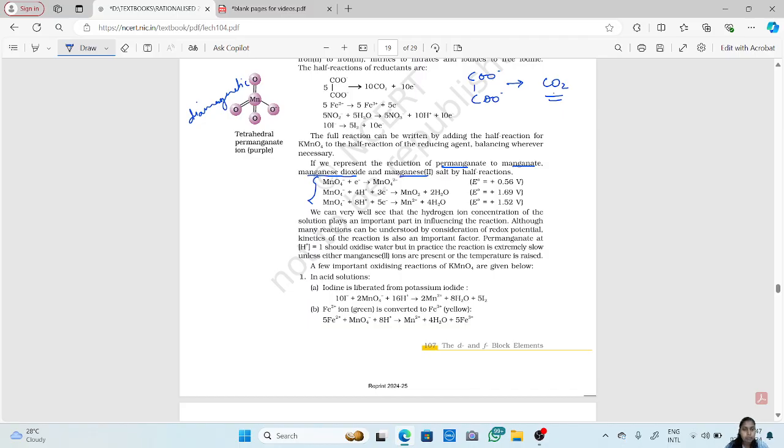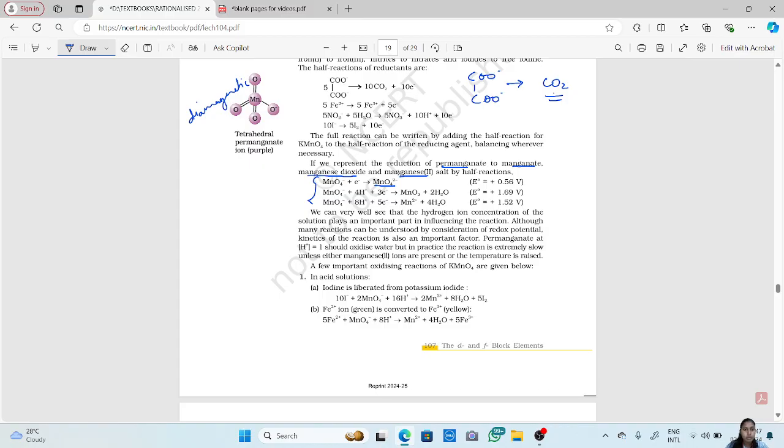Here you can see permanganate, with the gain of an electron, has turned to manganate. Here again permanganate, reduced using 3 electrons, gives manganese dioxide, which is the ore used for the preparation of permanganate.